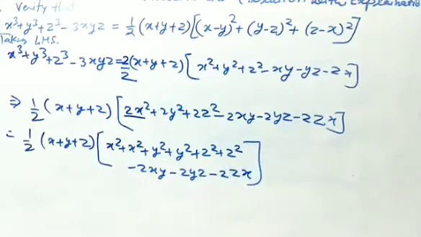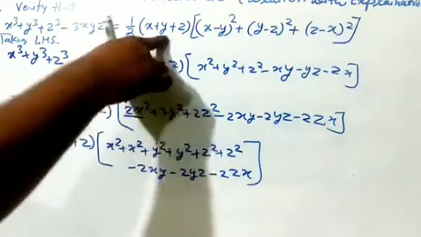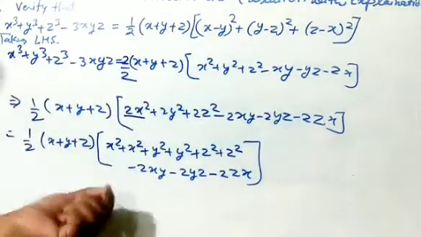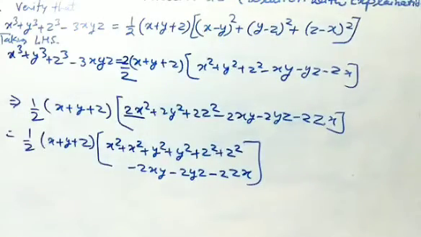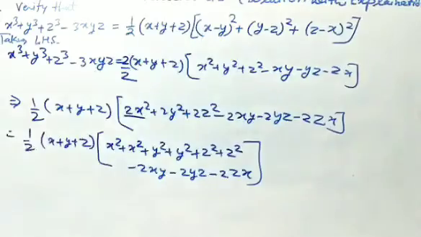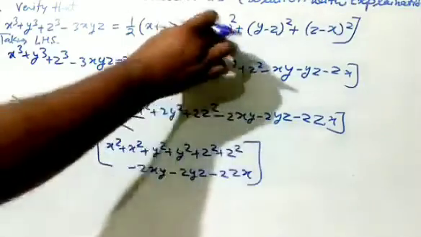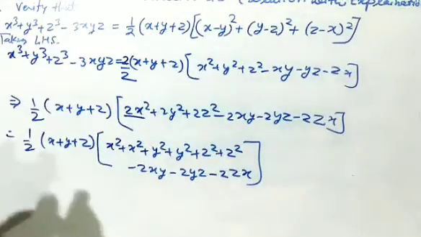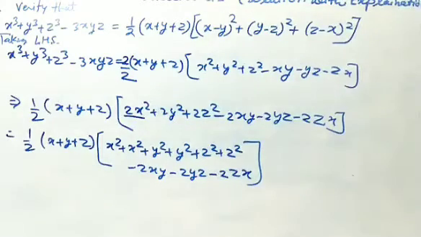Okay. So in the proof section, if you see the RHS, we need x minus y whole square. If we want x minus y whole square, we must have x square plus y square minus 2xy. Sometimes you have to check with the RHS section what we need.